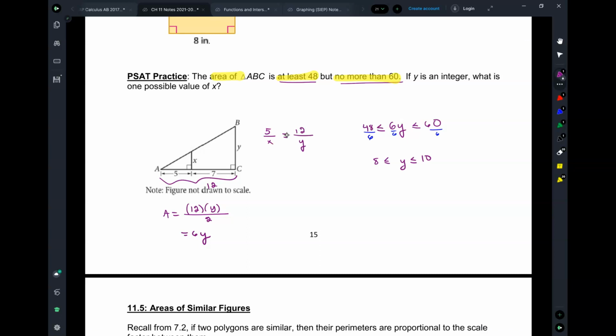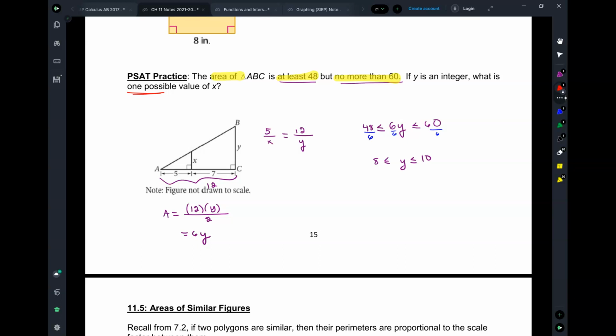Okay, well that's great. We found y, but that's not what we need. What do we need? X. So how am I going to find x? Well, 12x equals 5y. Because it's asking you for one possible value of x, you pick one possible value of y.